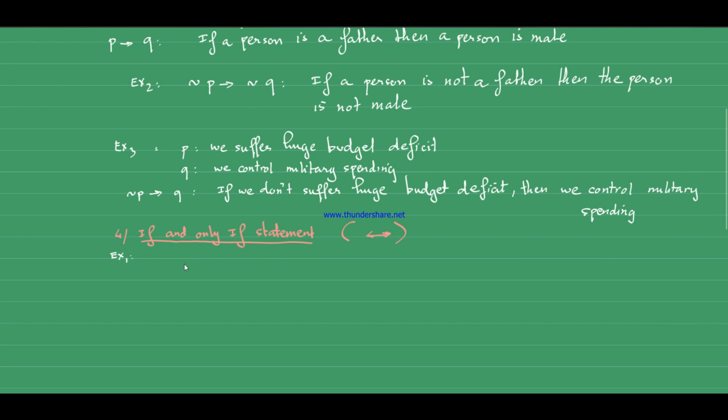Okay, how about this? I have two statements. Statement P is Alex plays goalie on the team, and Q is the Titans win the championship, or champions cup, it doesn't matter.